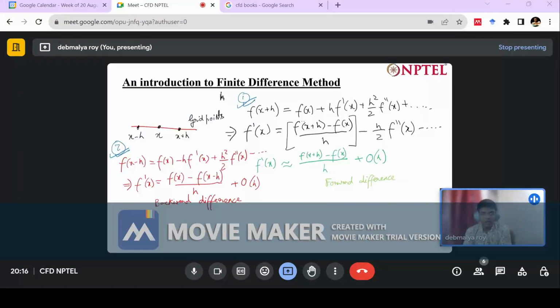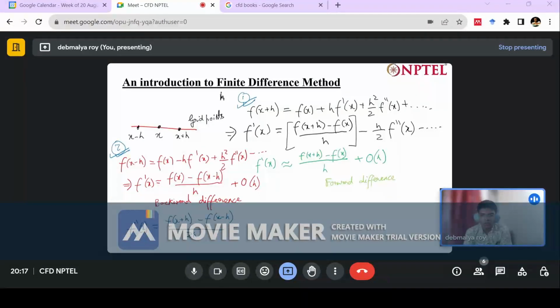Then if I isolate this f dash x, that becomes f of x plus h minus f of x minus h divided by 2h. So h f dash x minus of minus, so plus h f dash x, that will give us 2h.